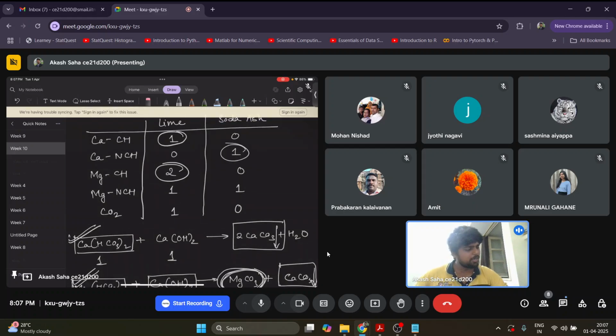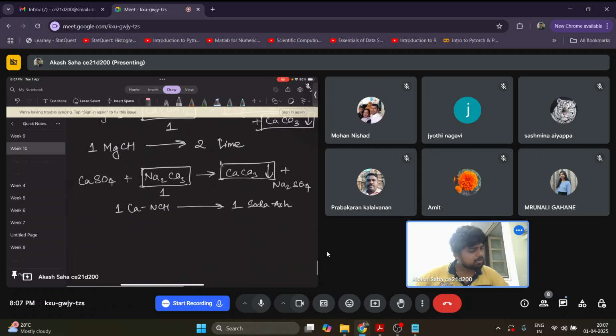Now one more question I will ask. Here calcium carbonate is getting precipitated. But what about this Na2SO4? Do we need to treat this? Can we add 1 more mole of any other compound to treat this? Why are we not concerned about it? This is also in dissolved form.